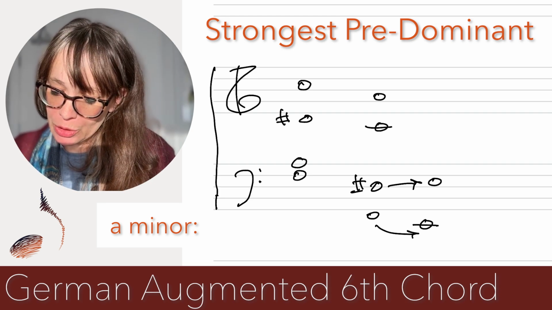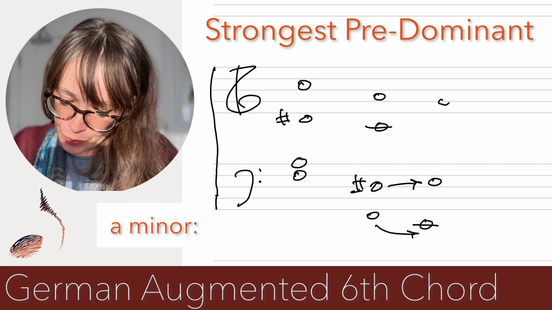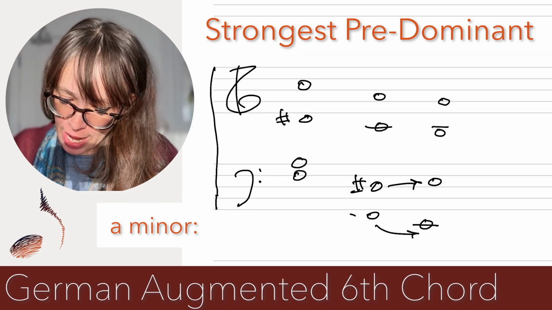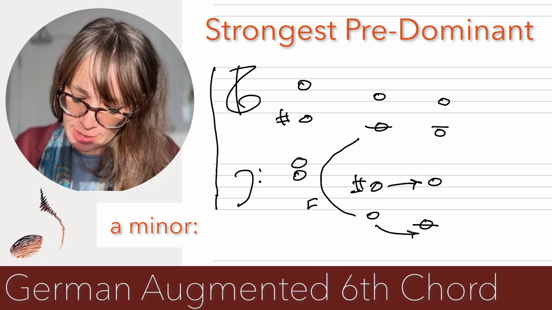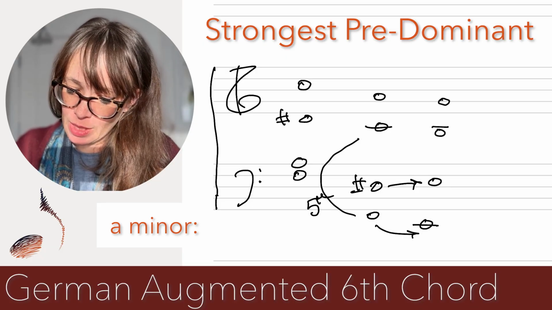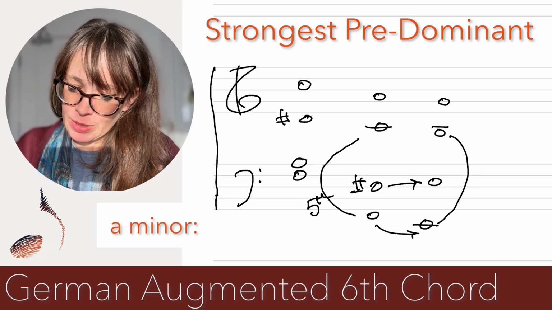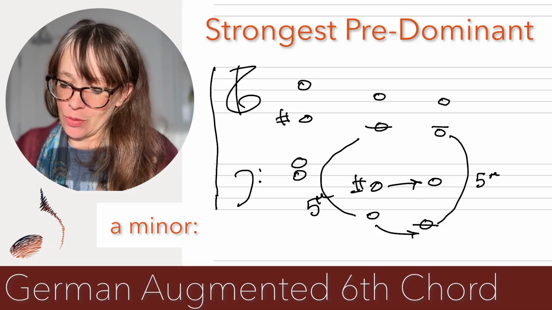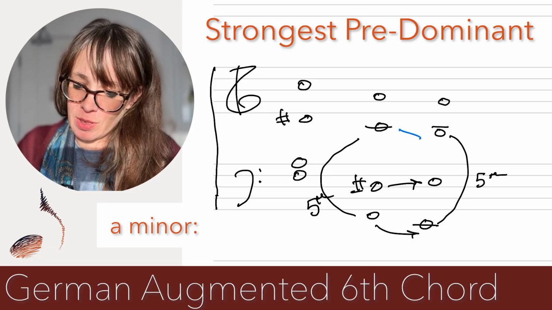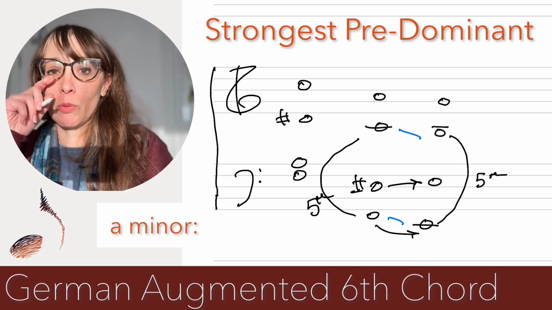And then if we go straight to the 5 chord, you get F to C, that's a 5th, right? And then E to B, that's also a 5th. So there we have parallel 5ths, and we're not allowed to have that.